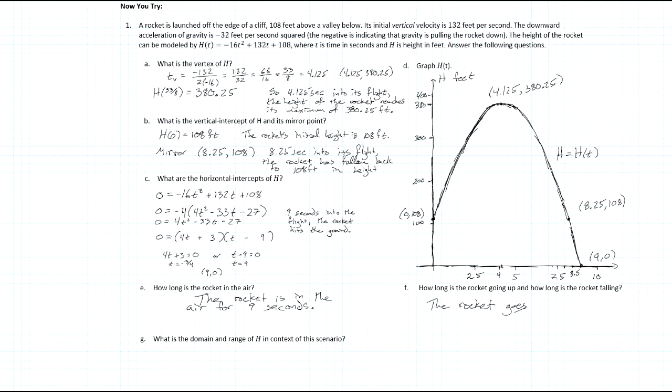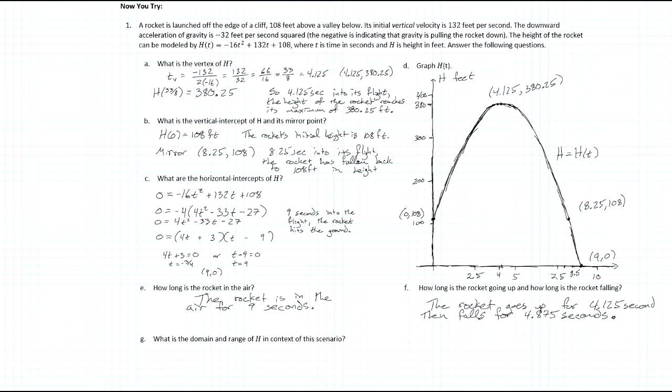The rocket goes up for 4.125 seconds, then falls for the duration, which is 4.125 to 9. That's 4.875 seconds before hitting the ground.